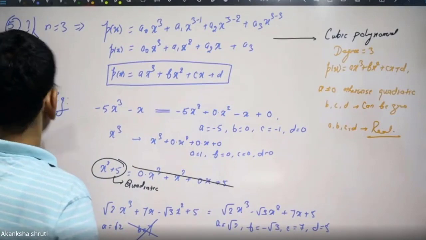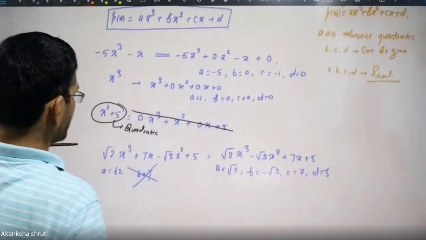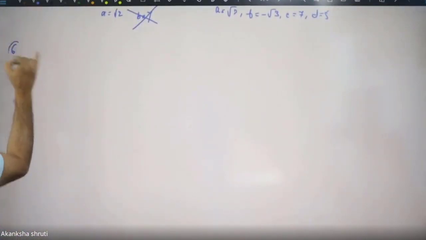So this was up to cubic polynomial. Just for nomenclature or just for your knowledge, a few more terms are there. So write down the sixth one.